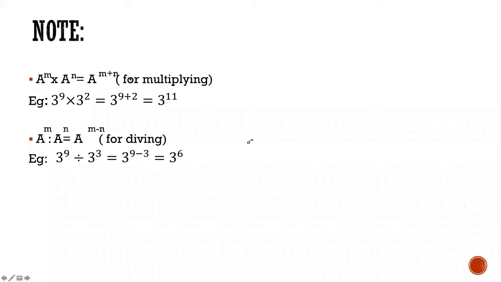So now, for multiplying a to the power of m, can anyone speak this equation out for me, please? Please raise your hand, or I will invite someone to tell us more about it.